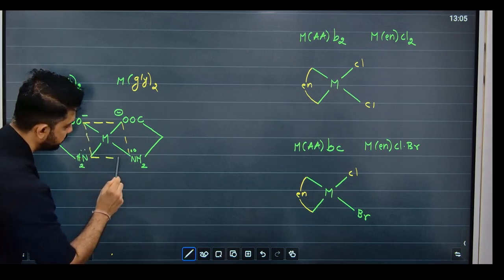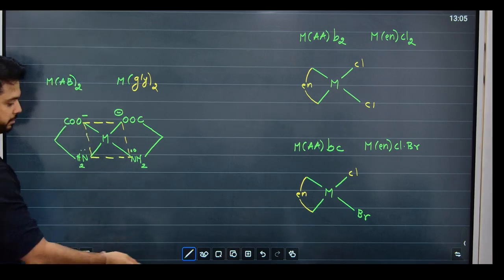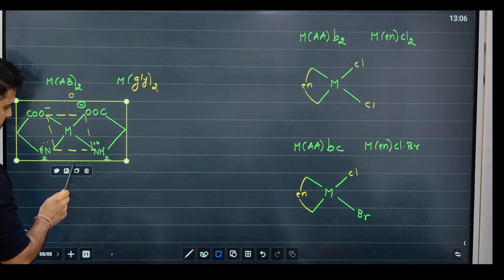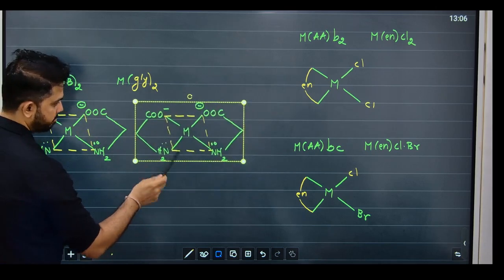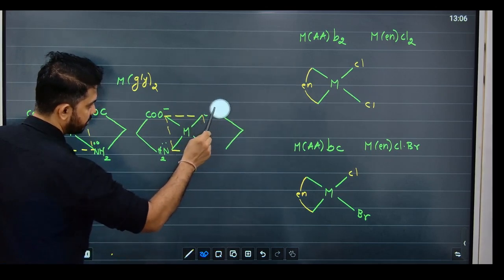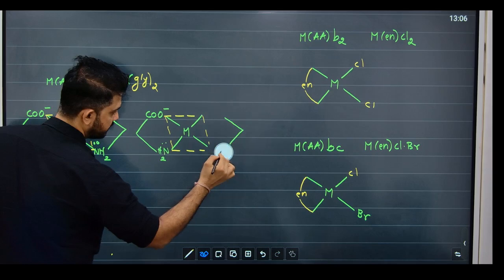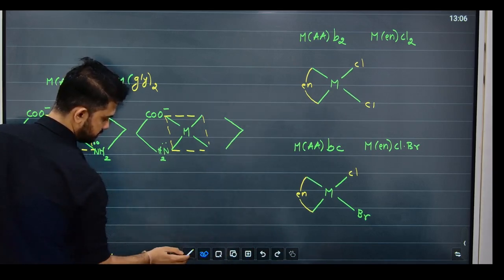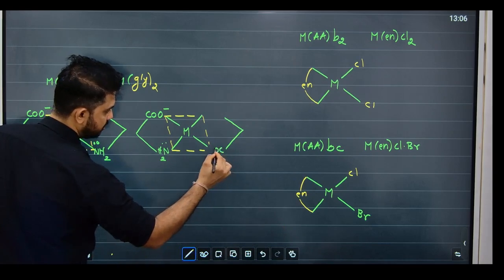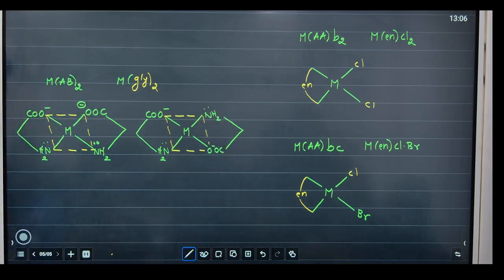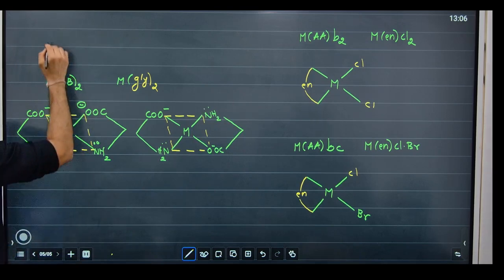Cis form. Cis के बाद how will I make the trans form? Any guesses? COO minus and यहाँ पे लिख दिया NH2. Getting that? Yeah.